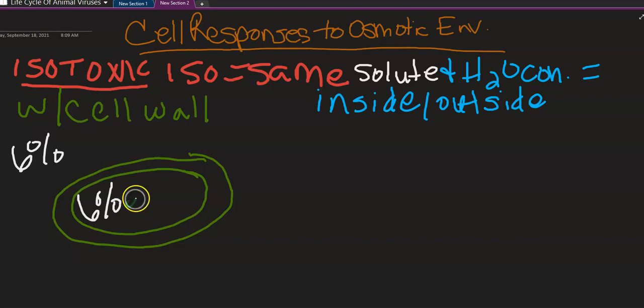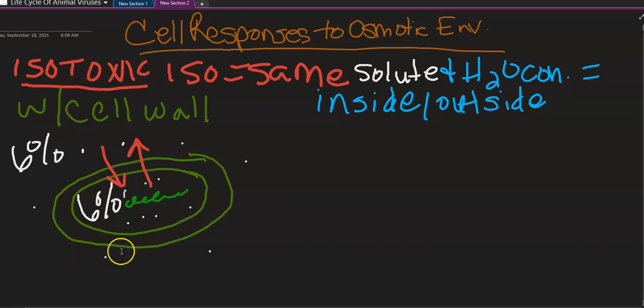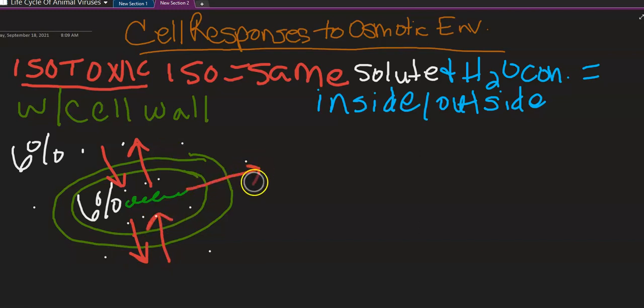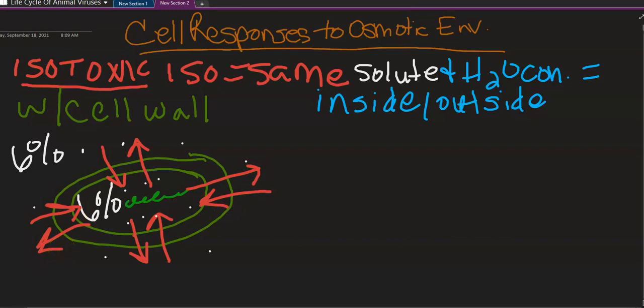Let me put our nucleoid region there, okay? And so let's say 6%, and I'm just going to use little dots to represent our percent, okay? So we have 6 inside and 6 outside of the cell. So what that means is water is going to be drawn in and out of the cell. Remember, water travels via osmosis, which means going from a high to low concentration. But it's going to be drawn in and out of the cell at an equal rate, okay?